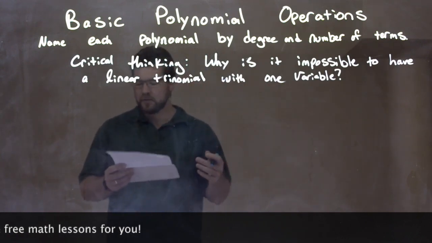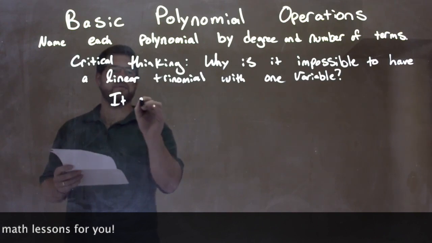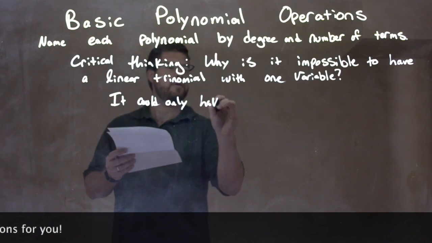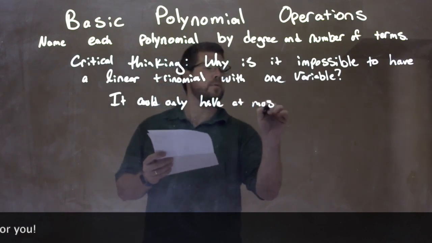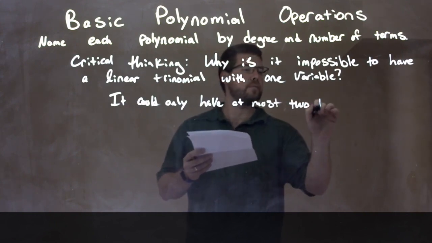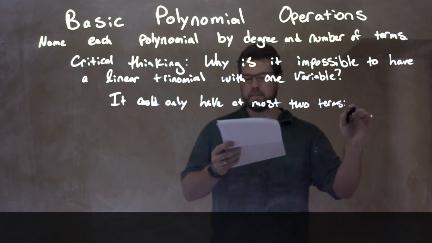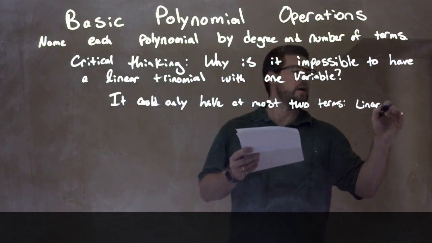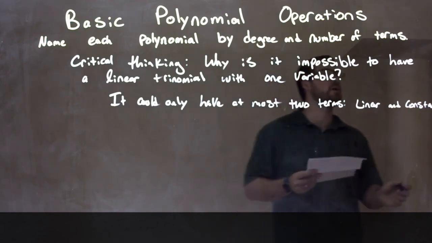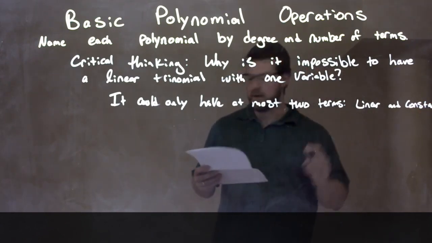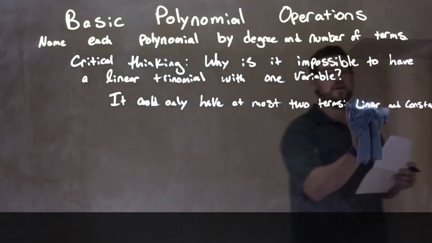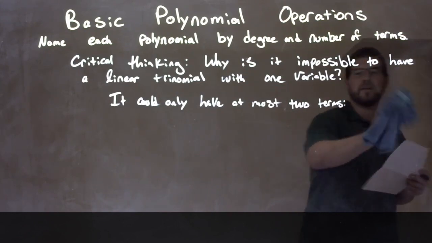So the only 2 possible things it could have, at most, is 2 terms. It's a linear and a constant. Right, linear and a constant.